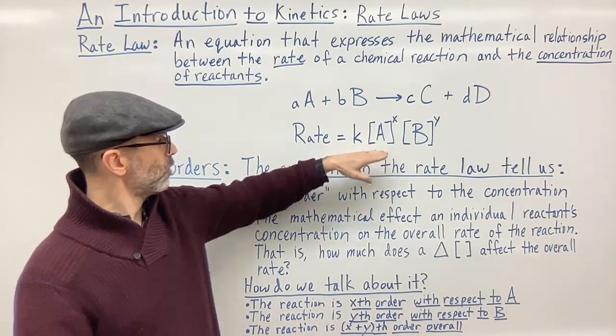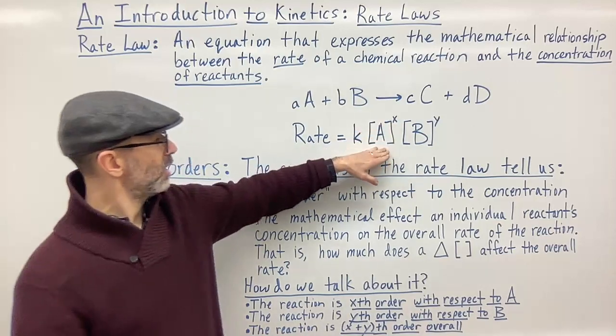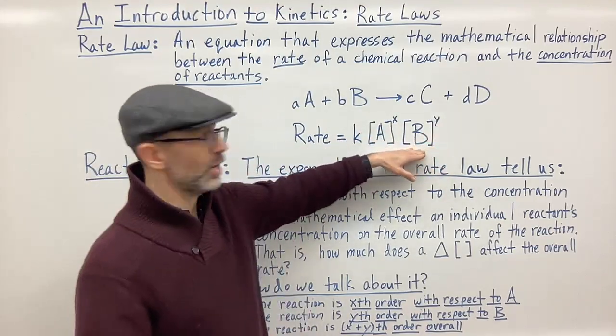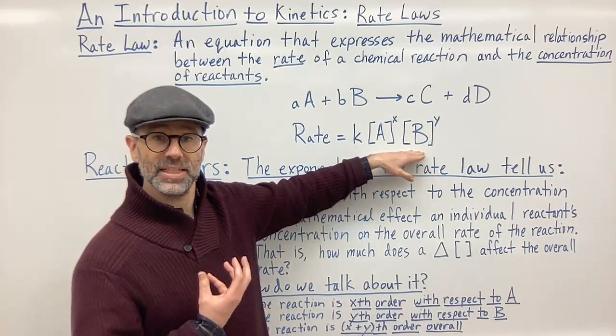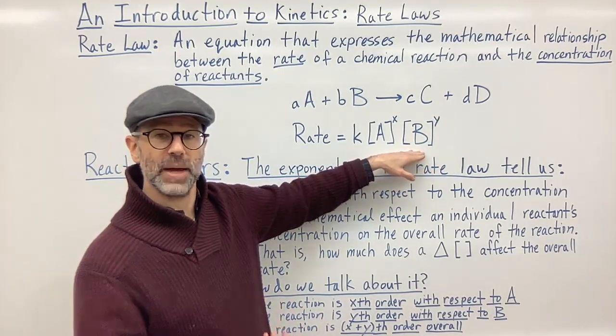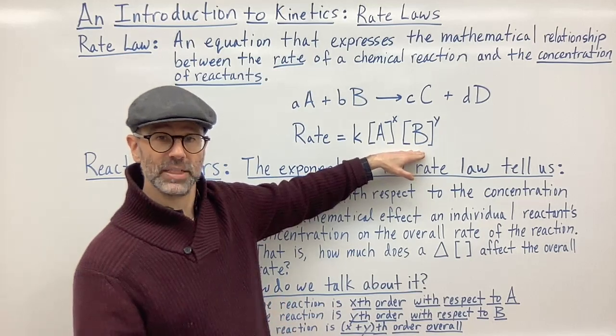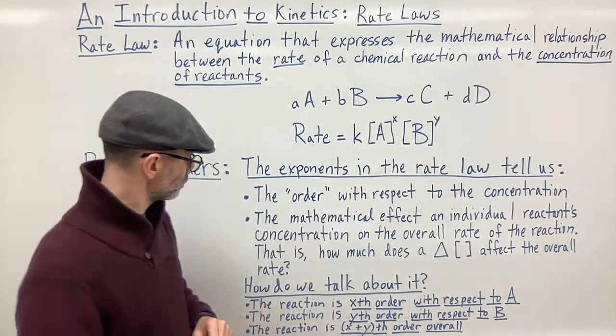So we're focused on only A here. If it was a 2 for B, the rate order would be second order with respect to B. Sorry.